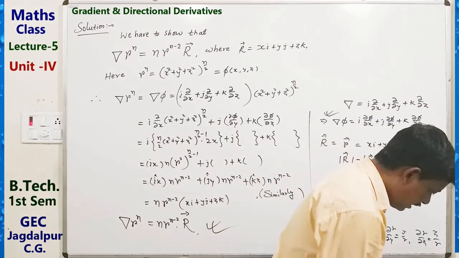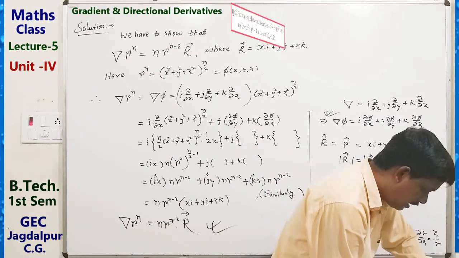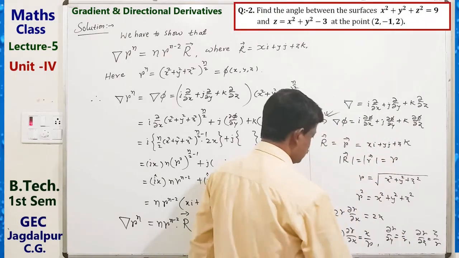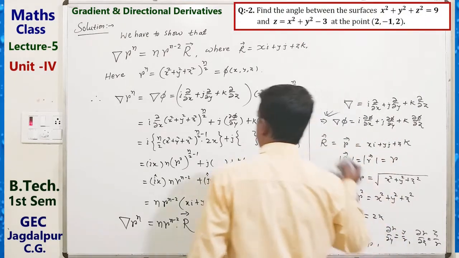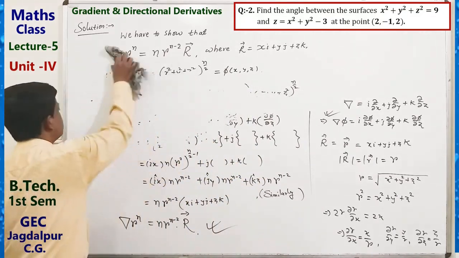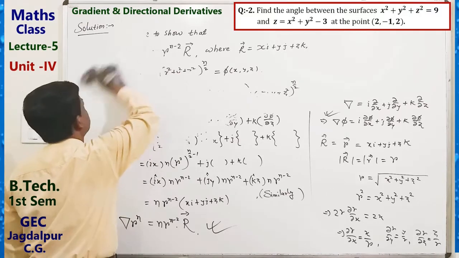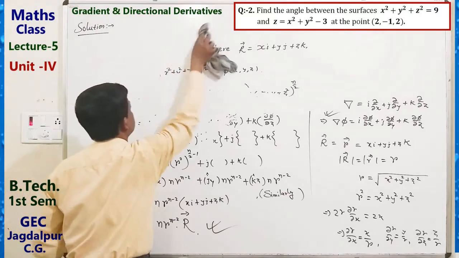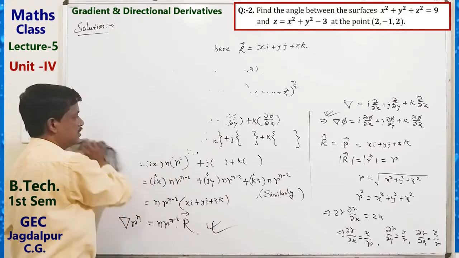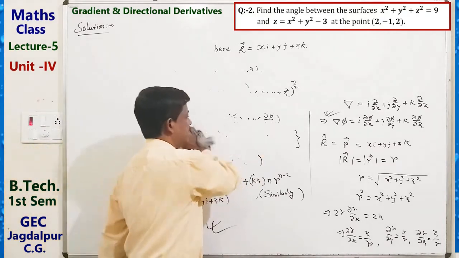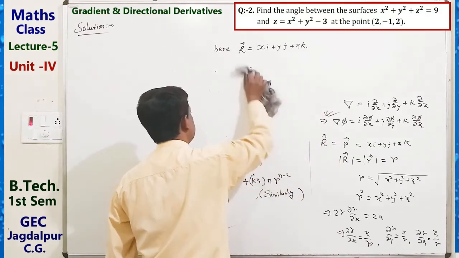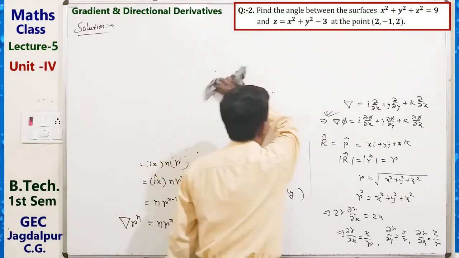Now take the second question. Find the angle between two surfaces, this and this, at the point (2, −1, 2). If two surfaces intersect at a point, then the angle between the two surfaces at that point can be found using the angle between their normals at that point.